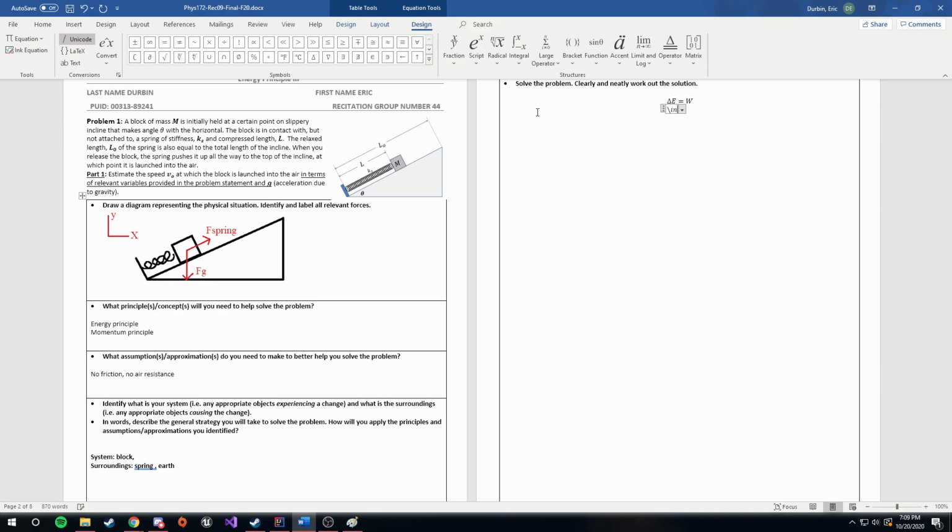Kinetic plus the gravitational potential plus the spring potential. In this instance, potential would be 0, and work would be all of those potentials that are changing.